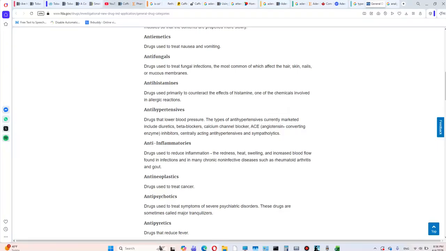Anti-inflammatories, drugs used to reduce inflammation, the redness, heat, swelling, and increased blood flow found in infections and in many chronic non-infective diseases such as rheumatoid arthritis and gout. Anti-neoplastics, drugs used to treat cancer.